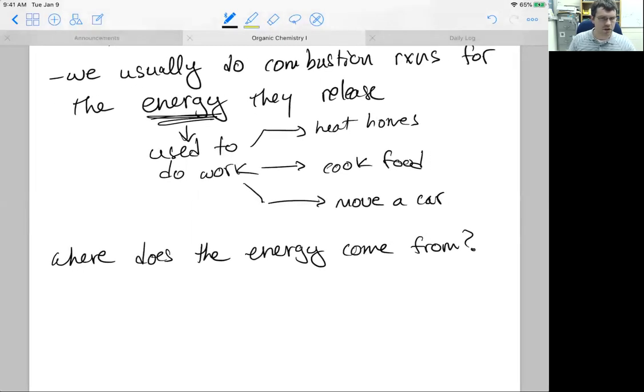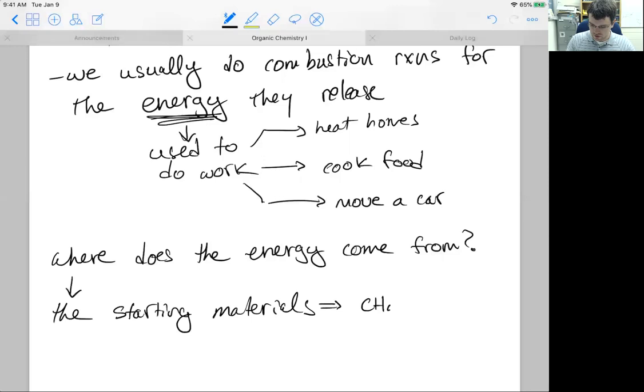We know we've got energy on the product side of the chemical equation, but what about the energy in the starting material side of the reaction? Well, if we're not putting energy into the system, but we're generating energy out of the system, that means that the energy comes from the starting materials, which again are CH4 in the case above and O2.